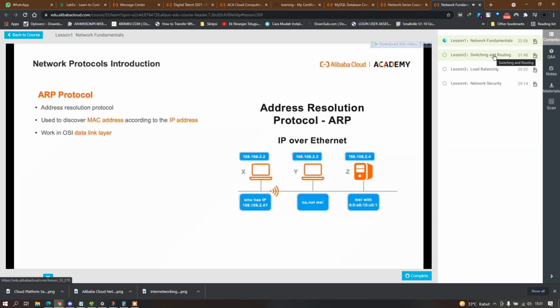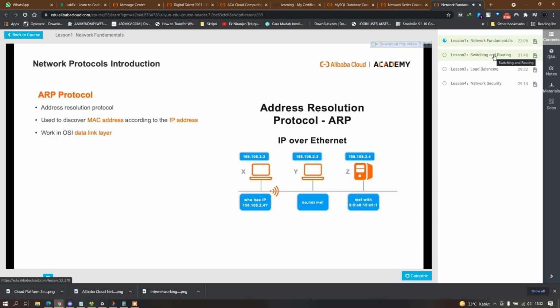The first protocol that we are going to learn about is the ARP. The full name is Address Resolution Protocol, and it is used to discover the MAC address according to the IP address. Even though normally we are doing the communication with the IP address, right?